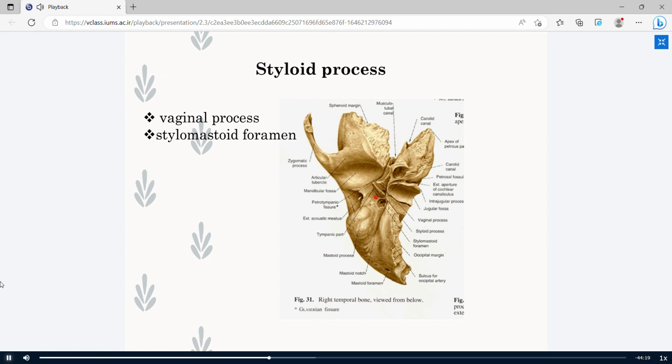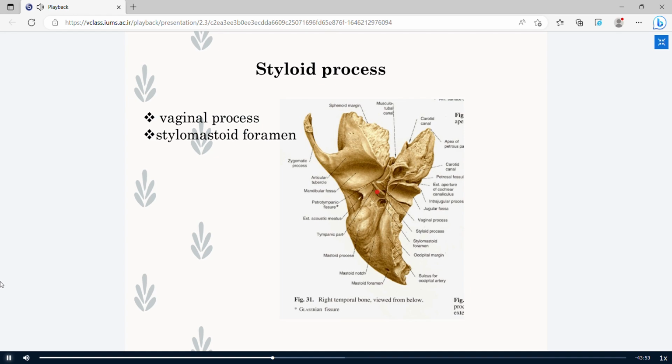The final part of the temporal bone is the styloid process. The styloid process at the upper part is surrounded by a thin plate called the vaginal process. The vaginal process is a thin bony structure surrounding the upper part of the styloid process.